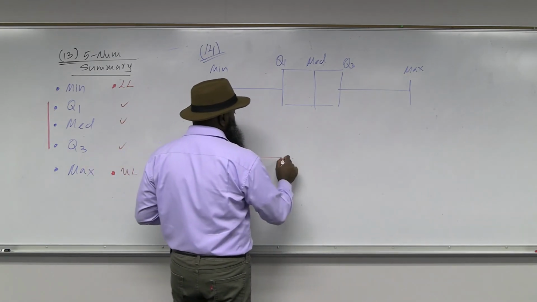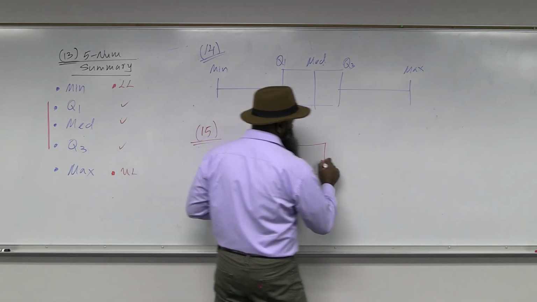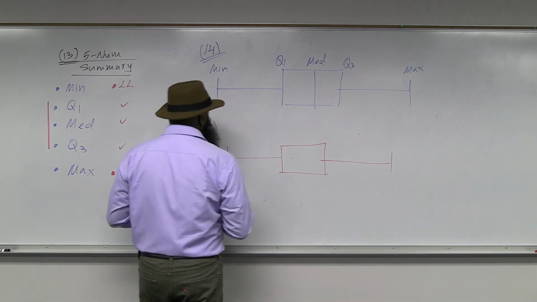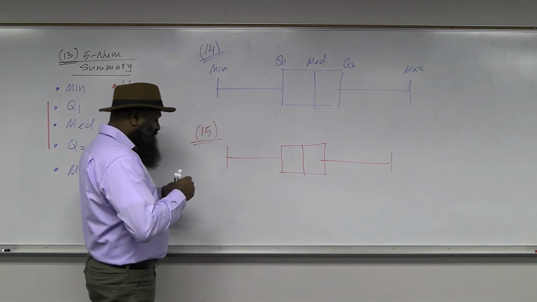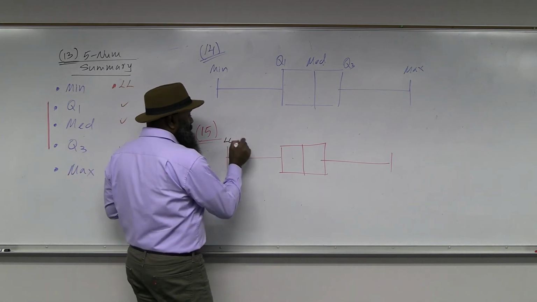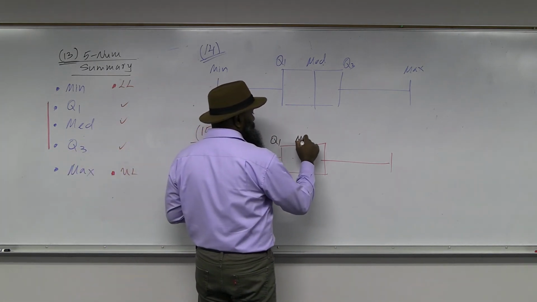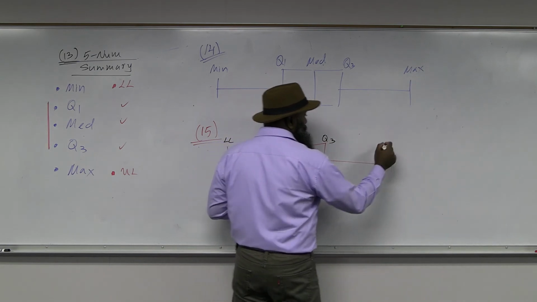You have a similar representation, but this time, instead of the minimum and maximum, we have the lower limit, Q1, median, Q3, and upper limit.